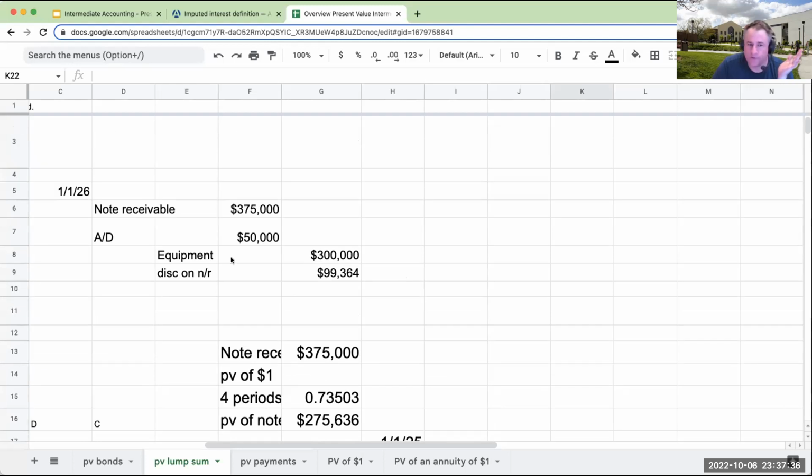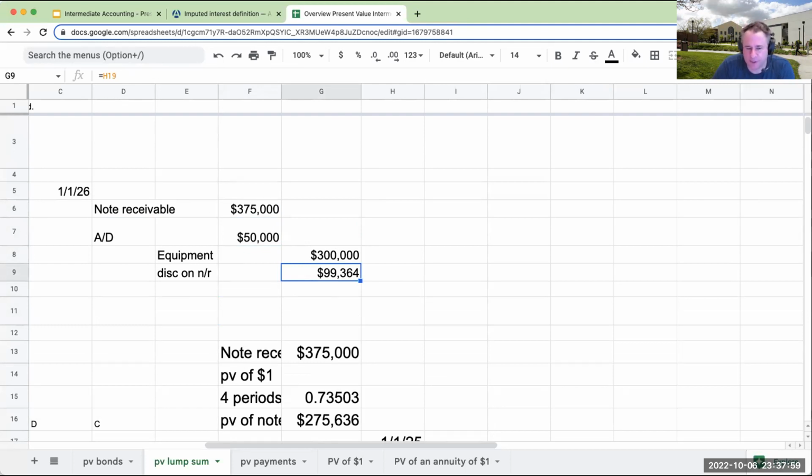So this is really the concept behind what we're trying to do. When we record this transaction, if I just showed this amount, it's not going to be correct, because this amount is not going to be paid to me for another 4 years. So once I have this done, I've recorded the note receivable and a discount on note receivable.